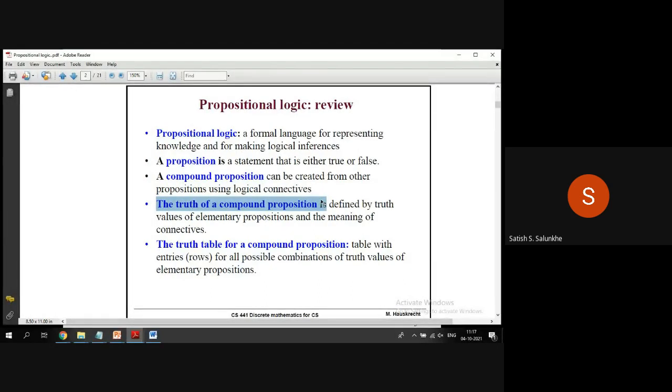What is the truth value of a compound proposition? When you have two or more propositions connected with some connectives, what is the conclusion about that whole compound proposition? For example, if I say today is morning and there is raining, this is one complete compound statement.